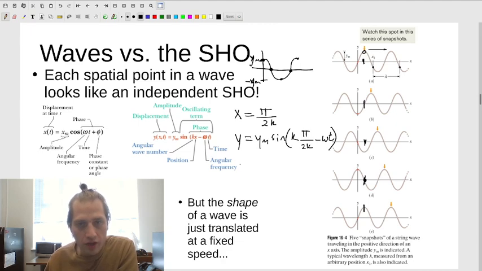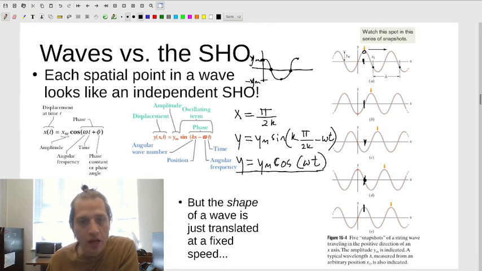And you can use your trig identities to show that that is the same as y max times cosine of omega t. So you could get a relationship like this for each point on this wave, where each point is going up and down like a harmonic oscillator, but that doesn't really tell you what the wave is doing. The wave is translating this shape over at a fixed speed. So the fact that you have a simple harmonic oscillator at each point doesn't really tell you what you care about.